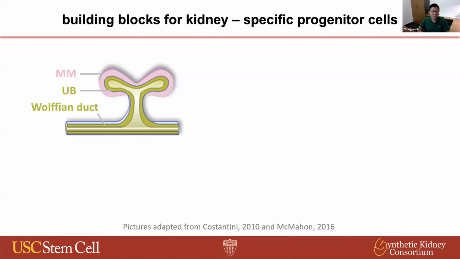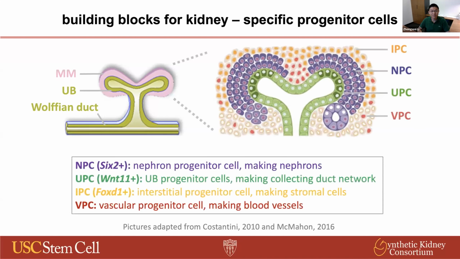At the initiation of kidney development, the UB invades the surrounding MM and starts branching morphogenesis, eventually generating a collecting duct, while the MM, receiving signals from the UB, is induced to form nephrons and stroma.